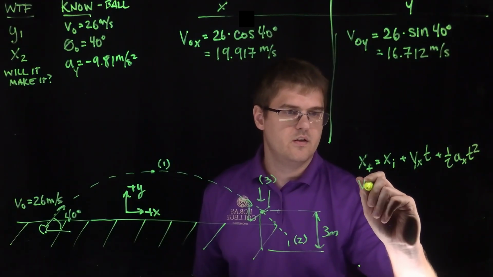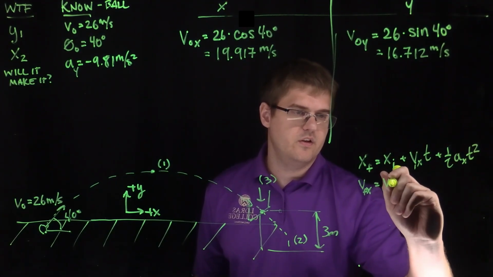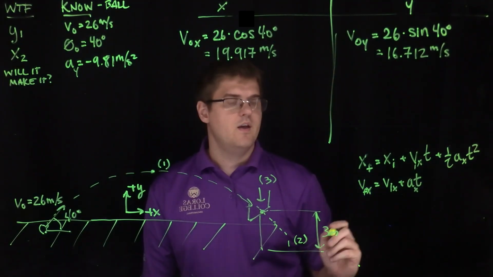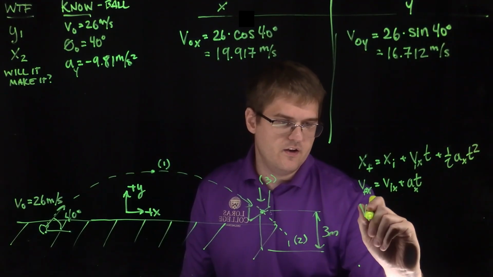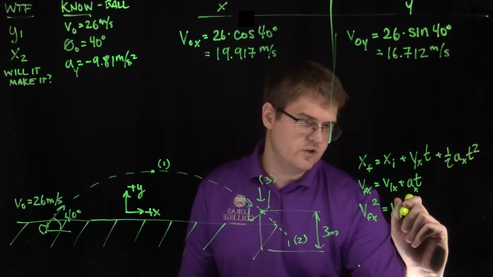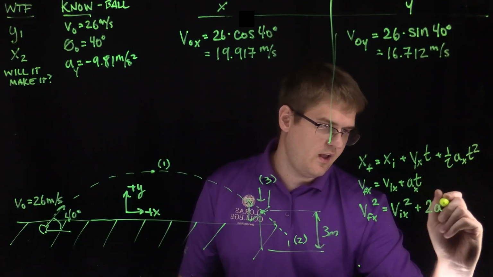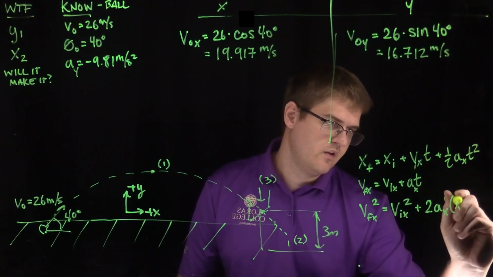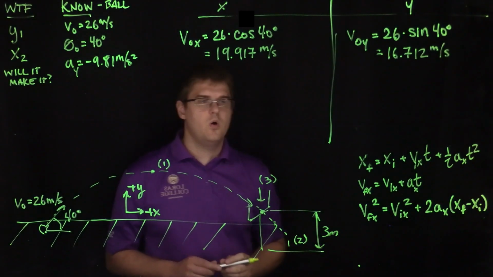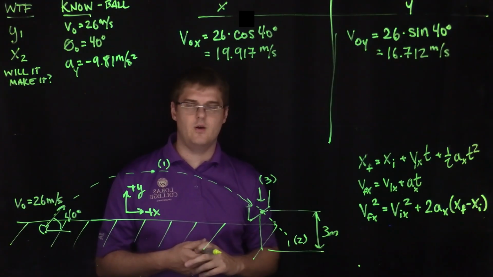Velocity final in the x is equal to velocity initial in the x plus acceleration in the x times time. And then the last one, velocity final in the x squared is equal to velocity initial in the x squared plus 2a in the x, final minus x initial. Whew. So those are my three kinematic equations from day 2.